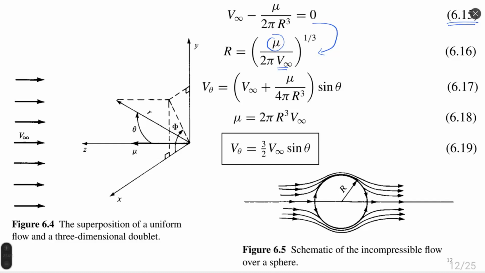We have the radius and supply, and 18 by the known radius, which we would like to calculate in our task. So the strength of the doublet can be obtained if we know the radius, or vice versa, the radius can be obtained if we know the strength of the doublet and velocity.